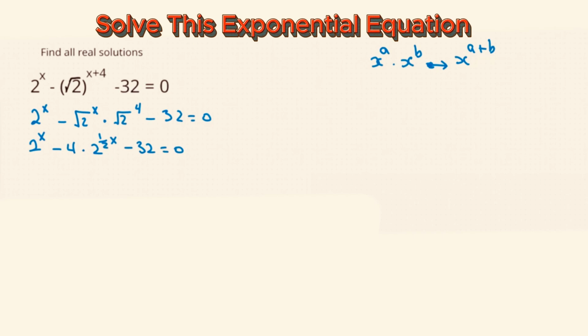And we're going to use the substitution method to be able to factor this. I'm going to let this part of the equation here be u, and this will be u squared. So now let's say, okay, u is 2 to the power of 1/2 x.